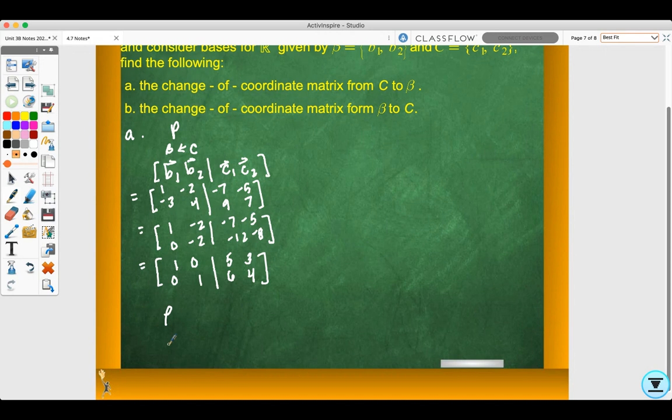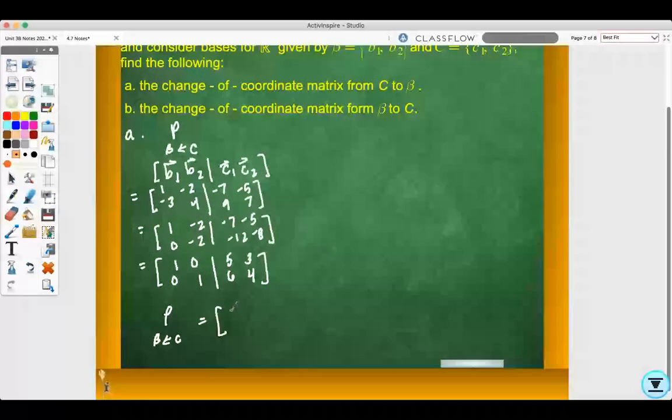So my change of coordinate matrix from C to B would be 5, 6, 3, 4.